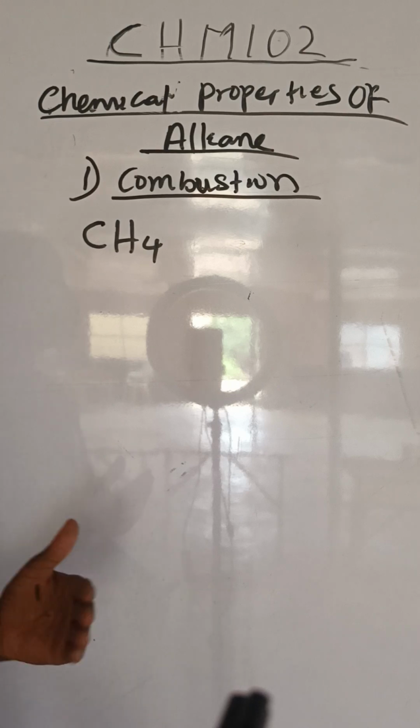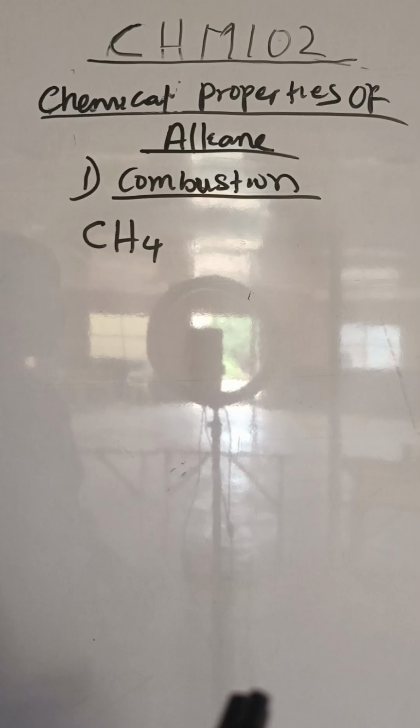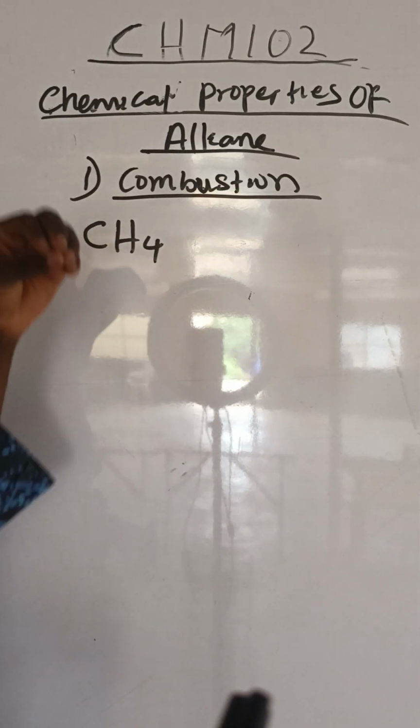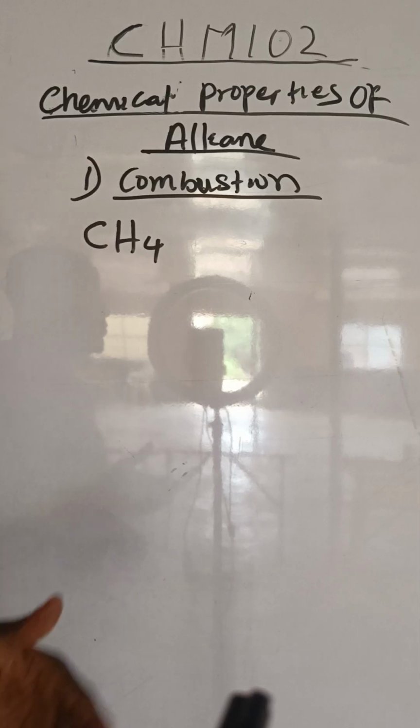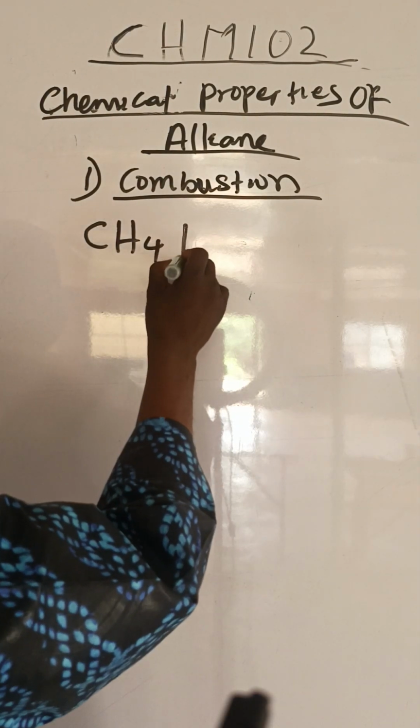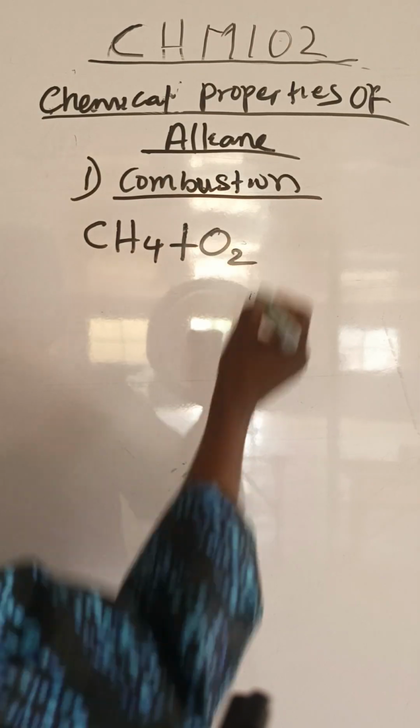They burn with non-luminous flame. One of the members of alkane is methane. In terms of flame, alkane burns with non-luminous flame. Okay, I will react methane with oxygen gas.